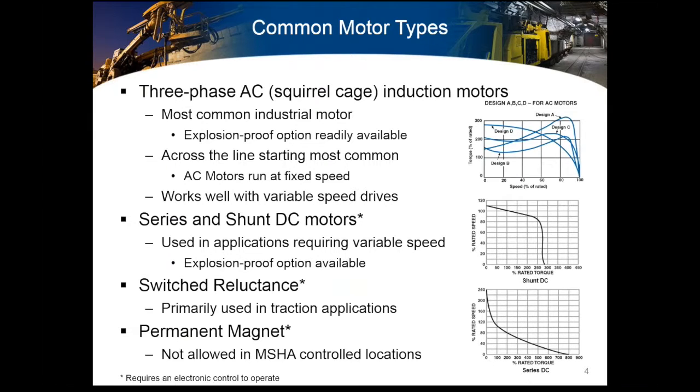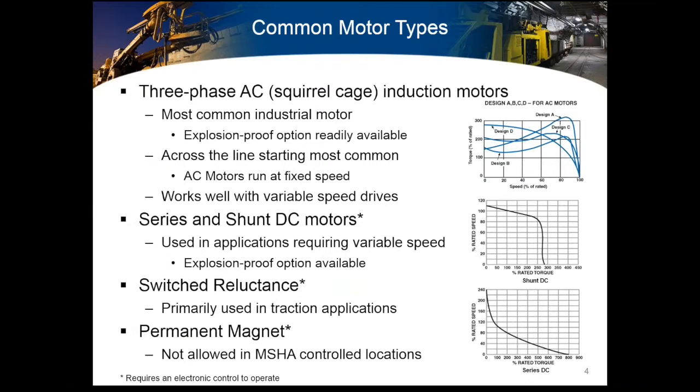The next common type of motor one would see in mines would be DC motors, and there's basically shunt or series style DC motors. They have unique benefits and characteristics to each. It should be noted that DC motors do require a type of speed control to be used. Generally, DC is not available in overhead power lines to run the motor.